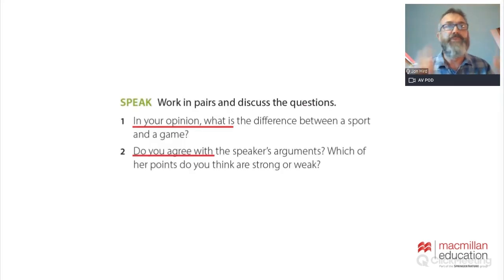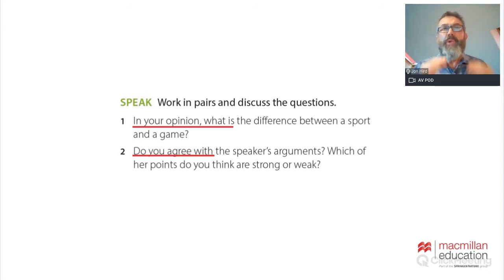I don't know what happened there. Do you agree with the speaker's arguments? So again, even higher order thinking, possibly, looking at the speaker's opinion, the speaker's position, the speaker's stance. Do you agree with that? Which are strong and weak arguments? So you're actually assessing the strength of the speaker's argument.